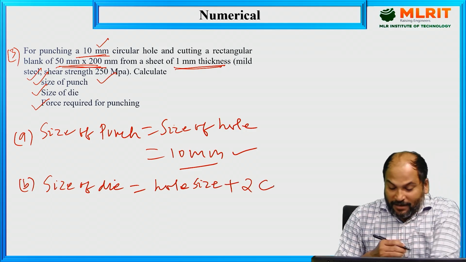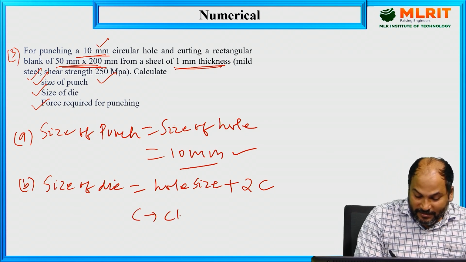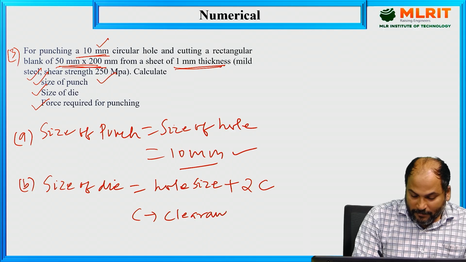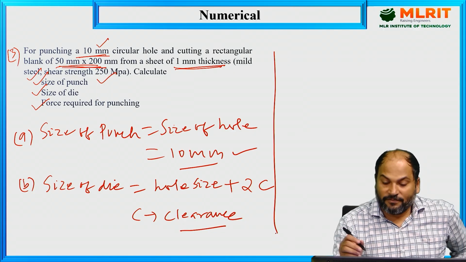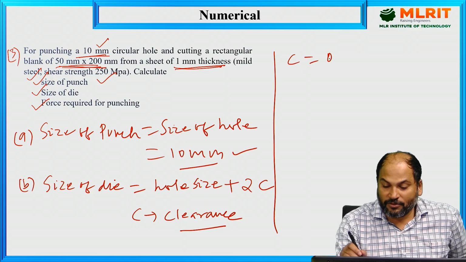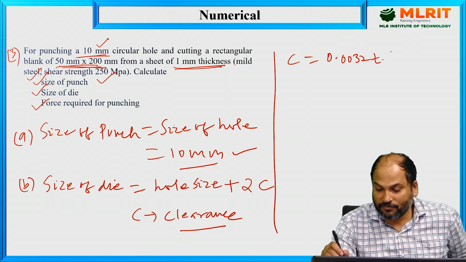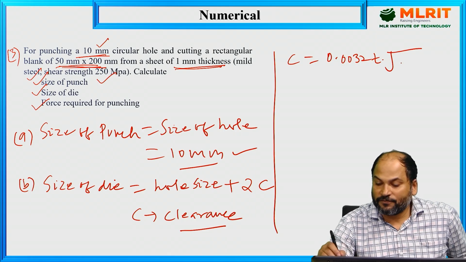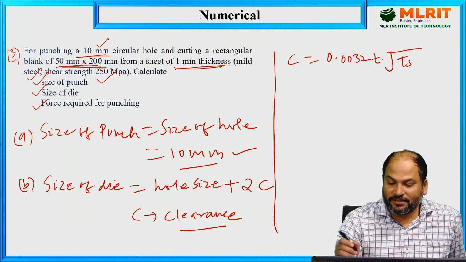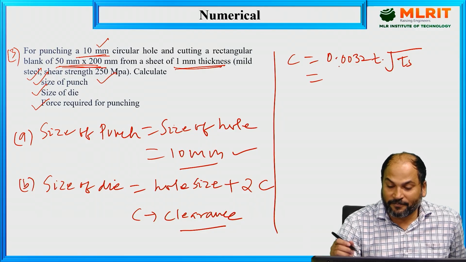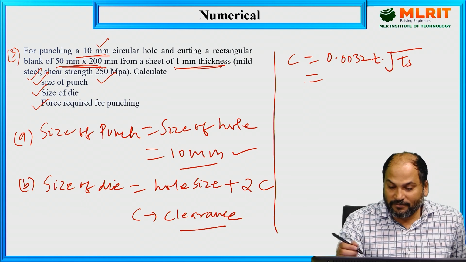And how to calculate the clearance? We know the formula: C is equal to 0.0032 into thickness into the square root of the shear strength of the material. Here the shear strength is given, so we can calculate from here, or directly place the value here.